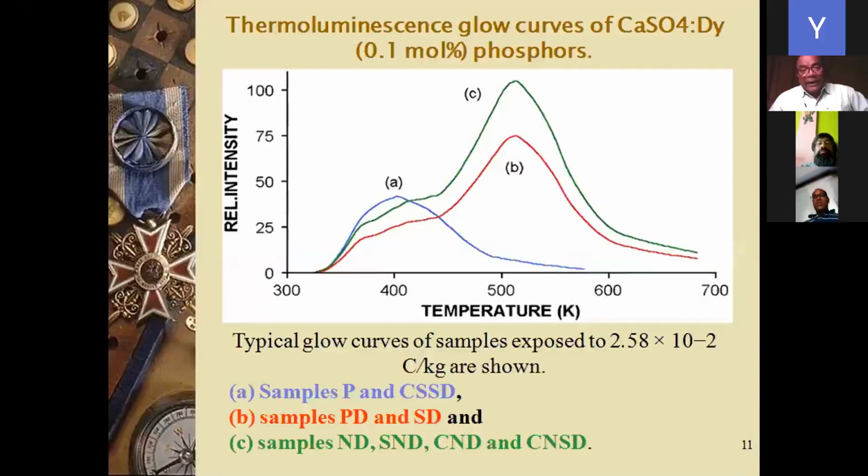And then samples PD and SD, and ND, SND, CND, and CNSD, these are the performances in green. So this peak is more symmetrical and useful.